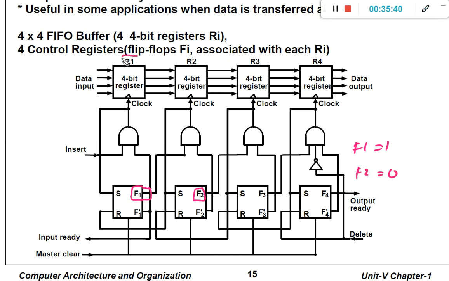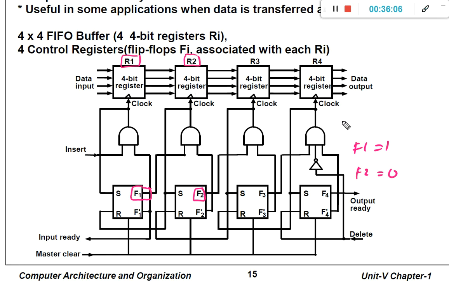The register R1 contains the data and R2 is empty, no data in R2. Then what we can do is generate a clock causing the register R2 to accept the data from register R1. Now we can generate a clock, which is going to perform the operation.